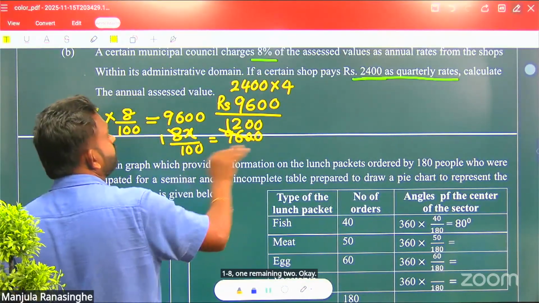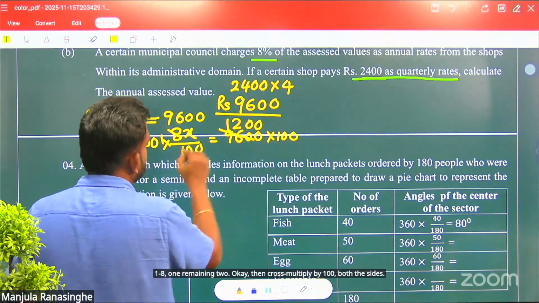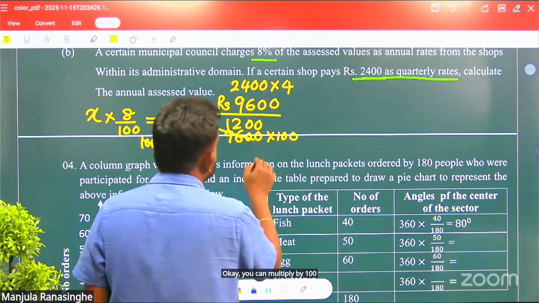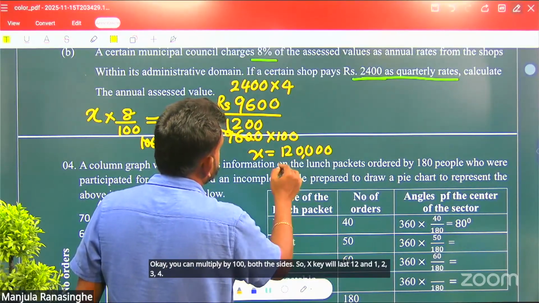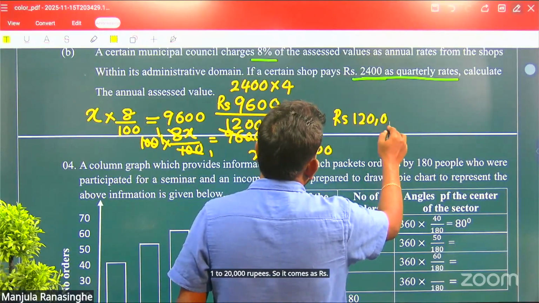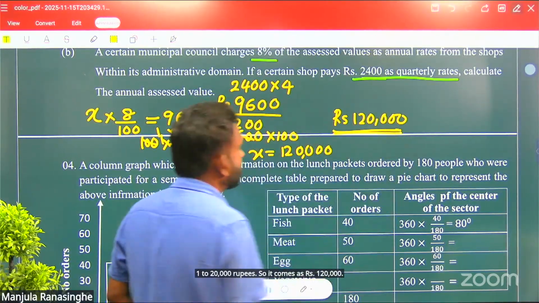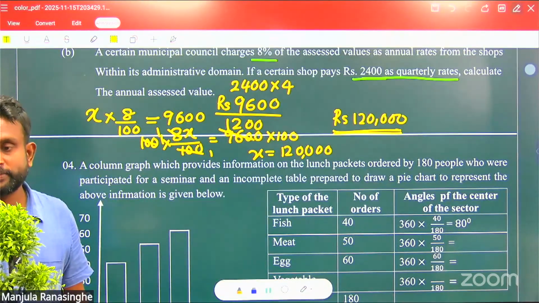Then cross multiply by 100 on both sides. So x is given as 12, then 1, 2, 3, 4: 120,000 rupees. So it comes as rupees 120,000. So 2 marks given.